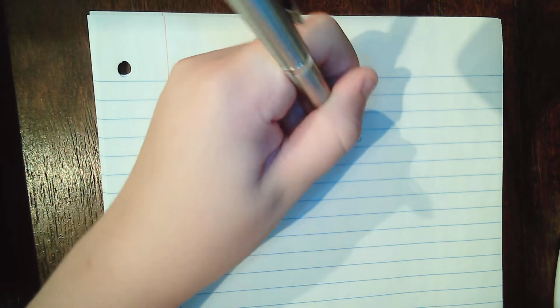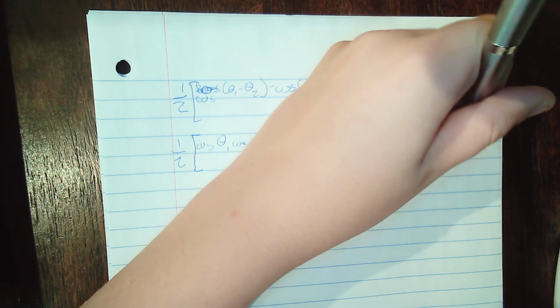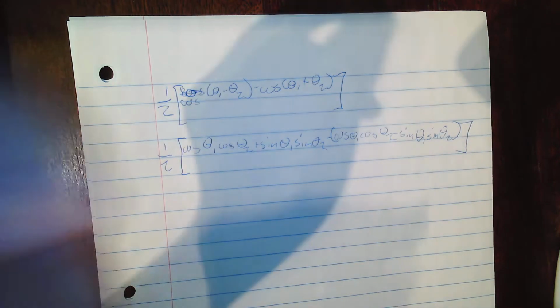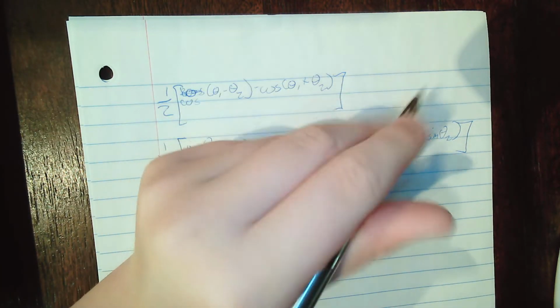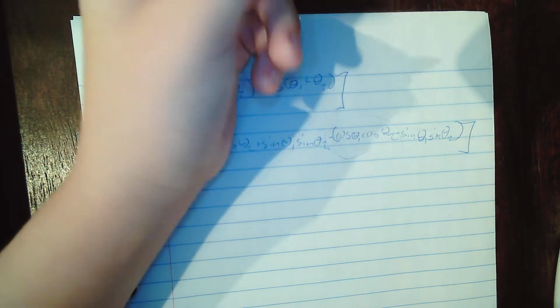Yes, so this is in parentheses. The cosine of theta 1, cosine of theta 2, minus the sine of theta 1, sine of theta 2, and parentheses. So now this makes everything in it negative, which means this is going to be positive, and this is going to become negative, and this is going to become positive.